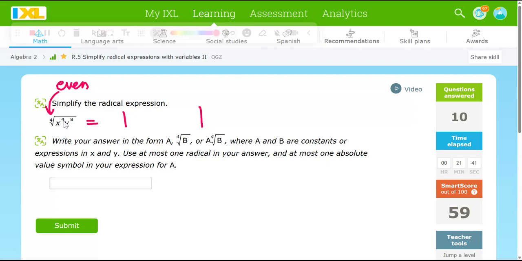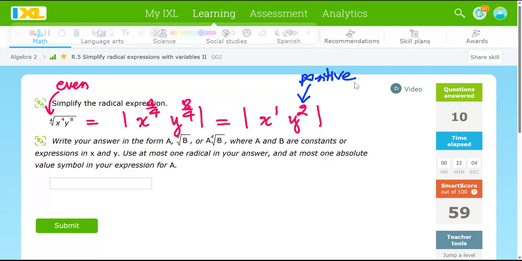So now, x to the 4 and y to the 8, they're both divisible by 4, so I should divide by 4. 8 divided by 4. Okay? So absolute value, this is x to the 1 and y squared. But you can see y squared is always positive, so I can leave it outside. So now only absolute value of x, and then y squared I leave it outside. Okay? Here we go.